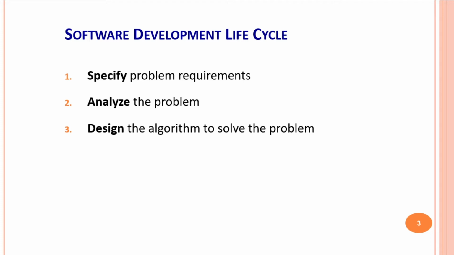All this comes under the heading of analyzing the problem. Then once we have analyzed the problem, identifying input, process, output, we design the algorithm to solve it. An algorithm is a recipe. It is a step-by-step procedure to solve the problem.